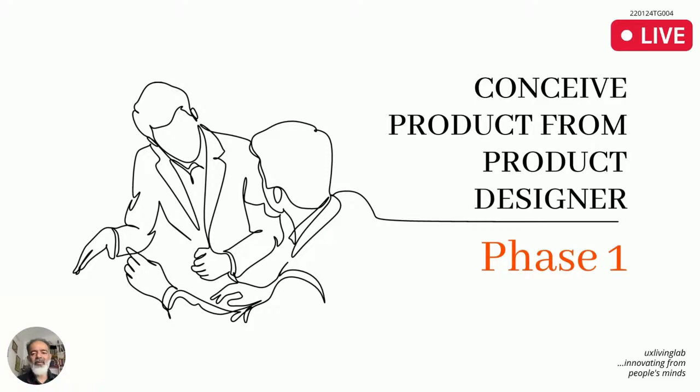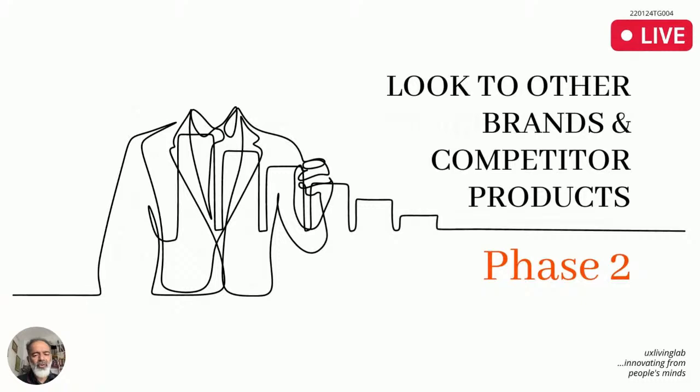So everything has to be learned from the product designer, because the product designer designed the product based on all these factors. Then come to phase two, look to other brands.